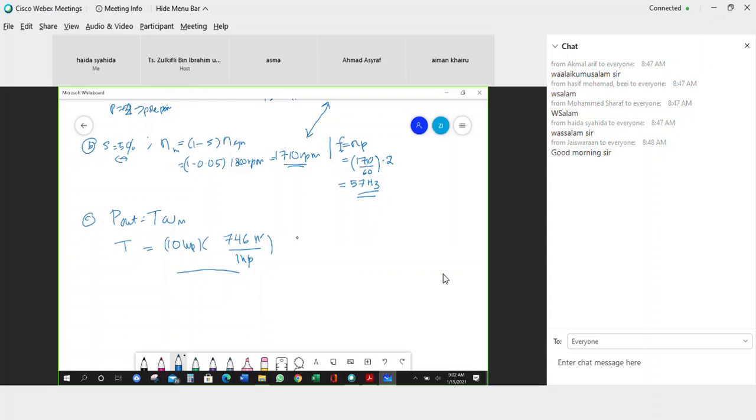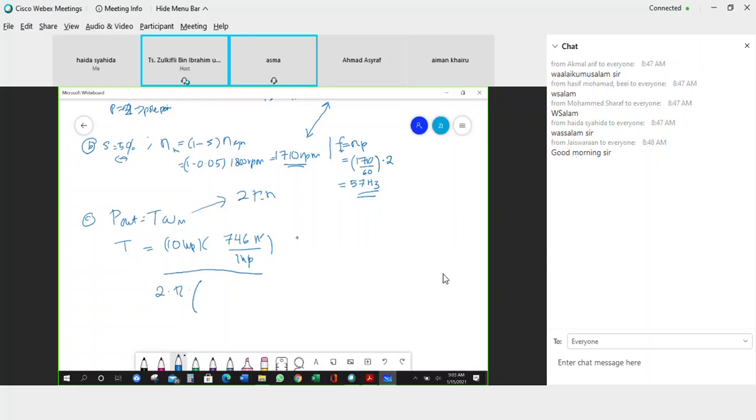So omega m is your rotor velocity, which equals this one: omega equals 2 pi n. So it's 2 times pi n, which has to be per second.